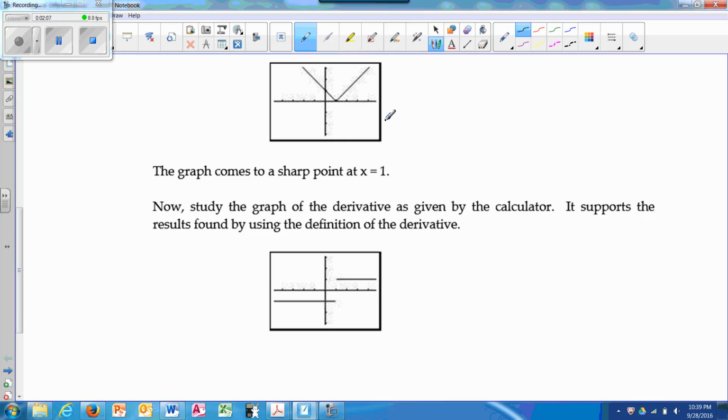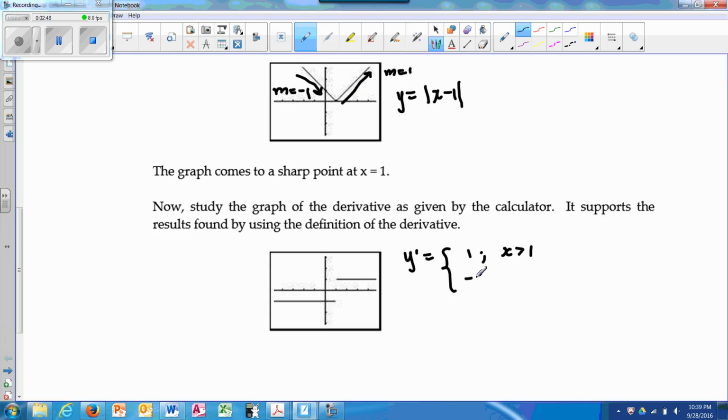So if we were to graph the function, again, this function is y equals the absolute value of the quantity x minus 1. If we graph the derivative, the slope on the right-hand side is 1, and the slope on the left-hand side is negative 1. So a graph of the derivative function would be piecewise. For x greater than 1, the slope would be 1 the entire time because we have a linear function, so it has a constant slope.